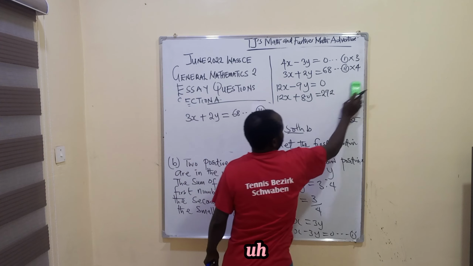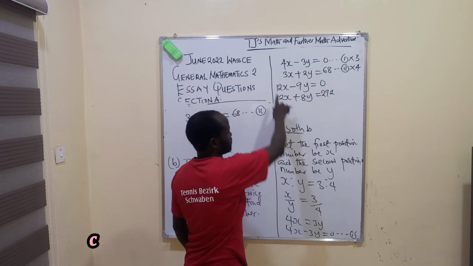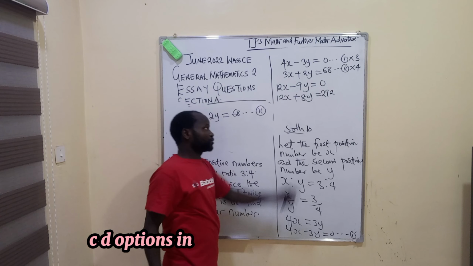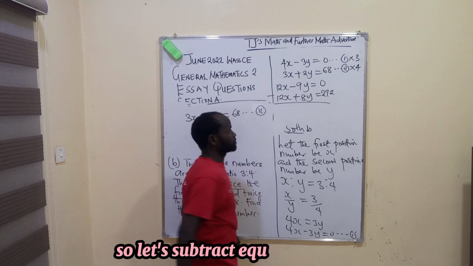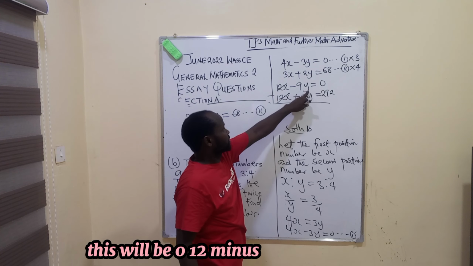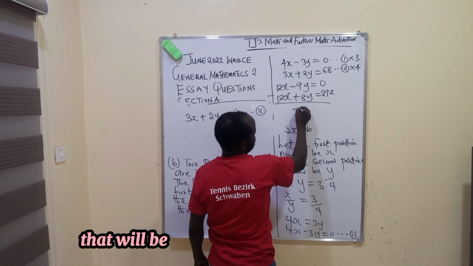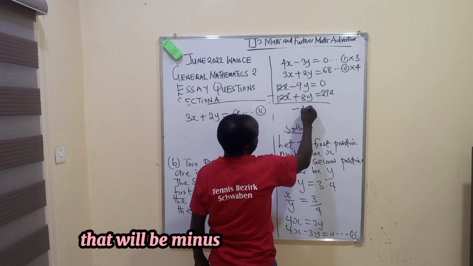So the next thing to do now is to eliminate x. The coefficients of x in equations 1 and 2 are the same, balanced, so we can eliminate. Let's subtract equation 2 from equation 1. This will be 0 for x. We have minus 9y minus plus 8y, that will be minus 17y.